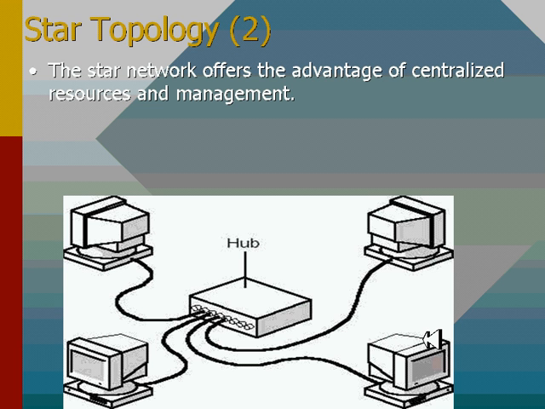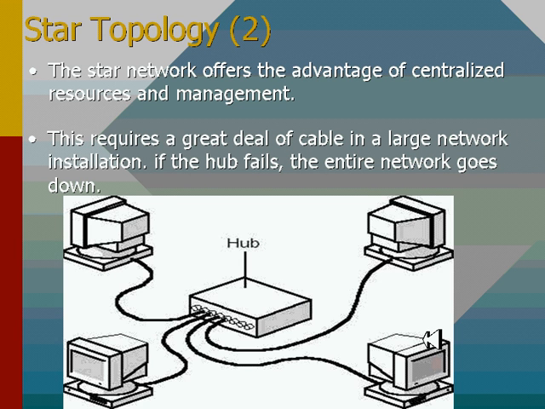The star network offers the advantage of centralized resources and management. However, this requires a great deal of cable in a large network installation. If the hub fails, the entire network goes down.